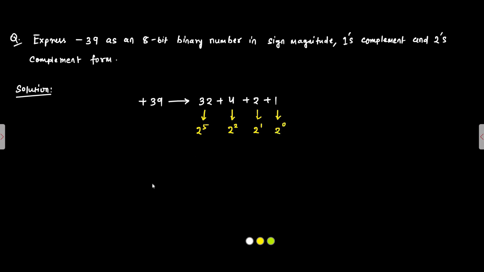Now we have to represent the binary number, so the different weight positions start from 2 to the power 7, because it is an 8-bit binary number: 2 to the power 7, 6, 5, 4, 3, 2, 1, 0.